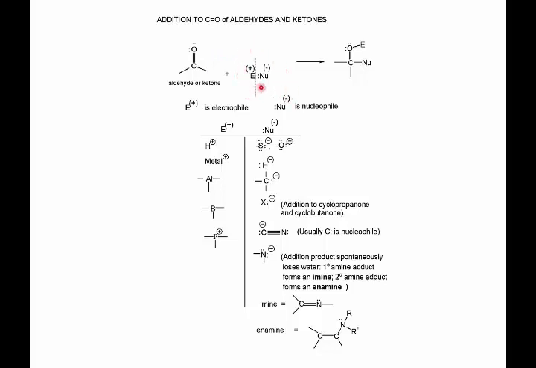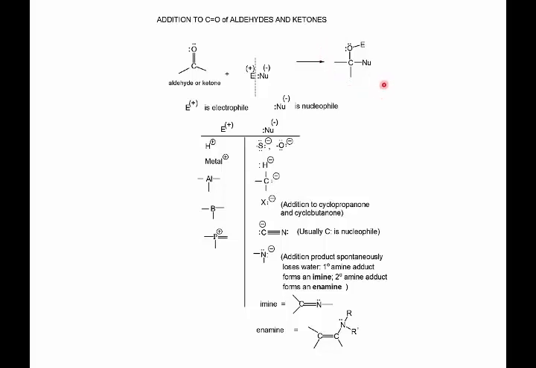Either they're tethered together or they're separate. And the pattern that's followed is this. The electrophile part, positive, seeks out the negative oxygen and bonds to it. The nucleophile, being negative, with, of course, an electron pair, seeks out the positively charged carbon and forms a bond to it, and the double bond breaks to a single bond.